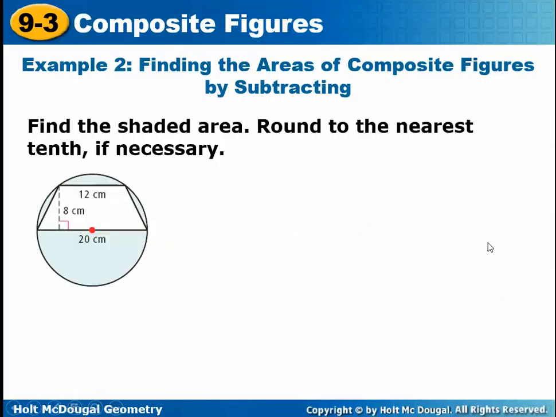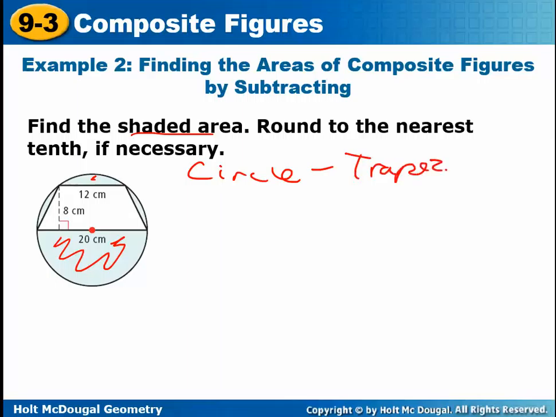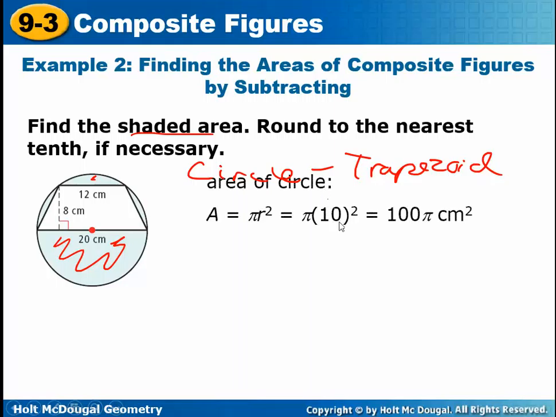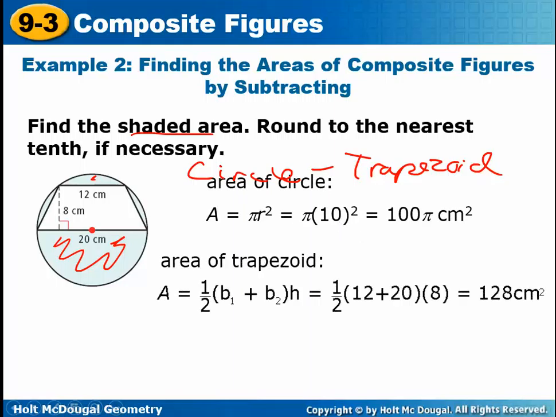In this one, make sure you find out what they're asking for. They want the shaded area. So not the trapezoid, but the circle minus the trapezoid. So you find the area of the circle, and then you subtract the area of the trapezoid. And you know how to find both of these. And again, you should be working on your project now, which is your formula book. The circle would be pi times 10 squared, because the diameter is 20, so the radius is 10 from here to here.